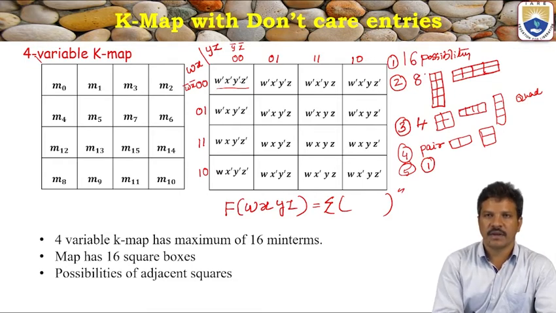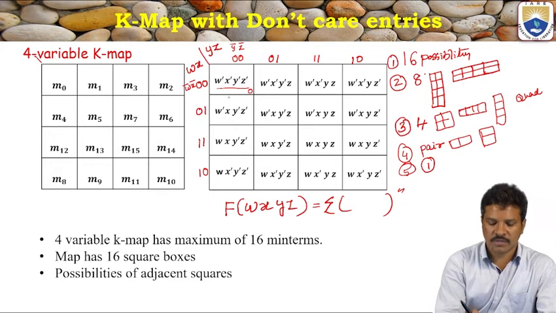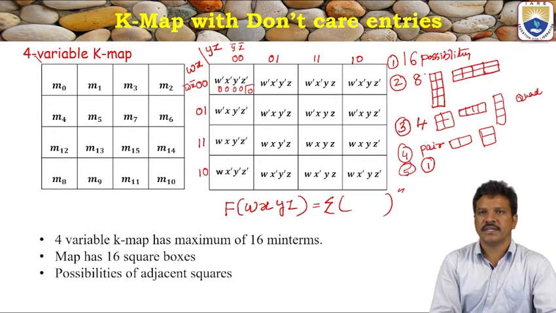This is nothing but 0 in decimal representation. In binary, w bar means 0, x bar means 0, y bar means 0, z bar means 0, so its corresponding decimal number is 0.